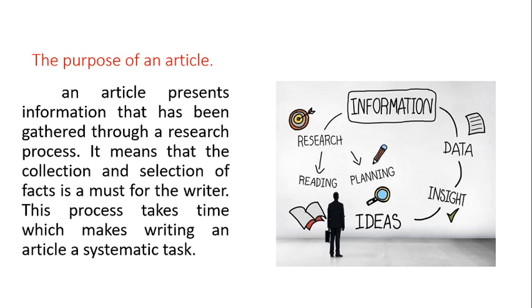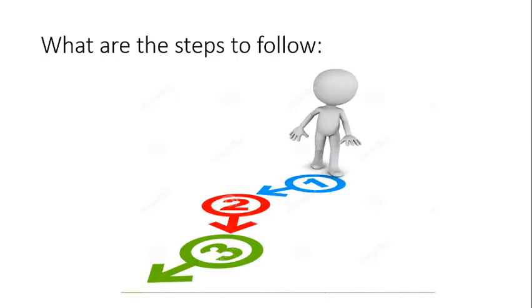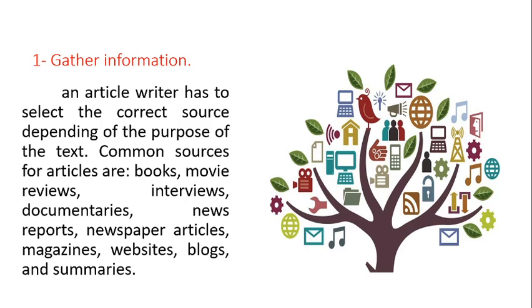Remember that when we make an article, we have to gather the information through a research process. So it means that we have to plan what we're going to search and try to obtain this information from different sources. That's why the first step is to gather the information.